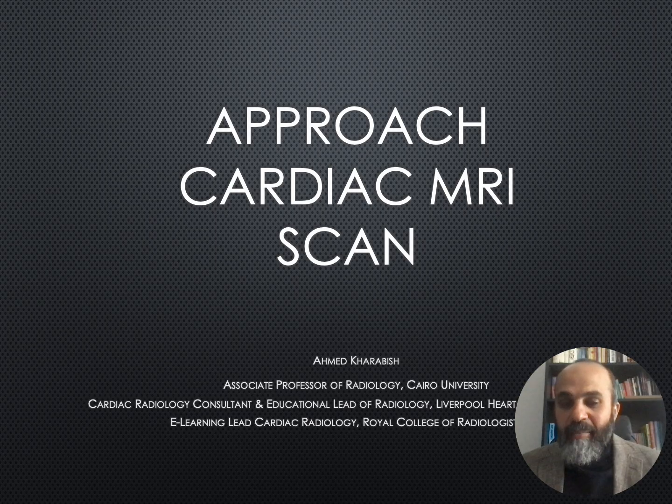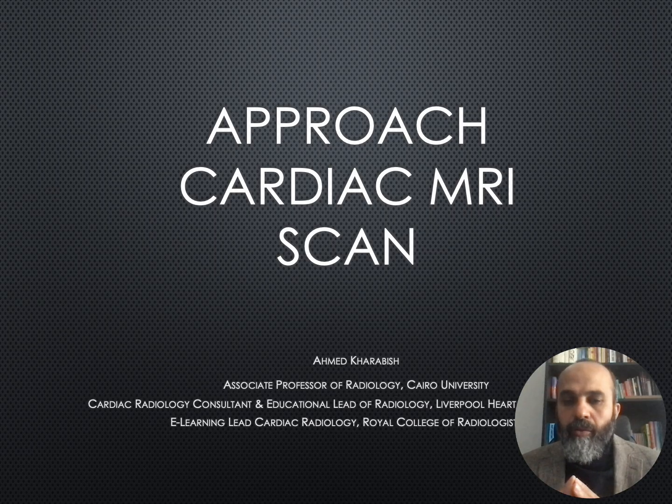The topic today is about how to approach a cardiac MRI scan, which is a big topic. So I will try to draw an outline algorithm of how to approach a report or a scan of cardiac MRI in regards to cardiomyopathies. Congenital is a separate topic and it would be very difficult to include in today's presentation.